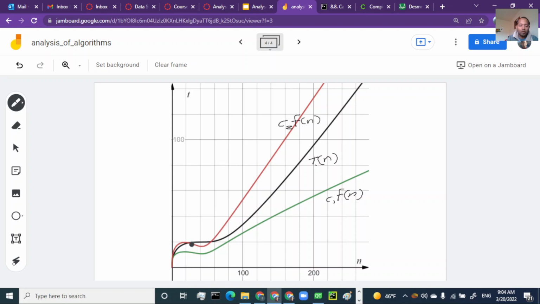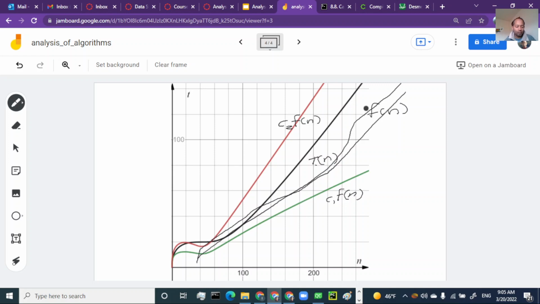Now we can draw similarly. We can draw F(n) as well. So let's say F(n) is like this. That's F(n). Now we can find two more functions that go like right here.